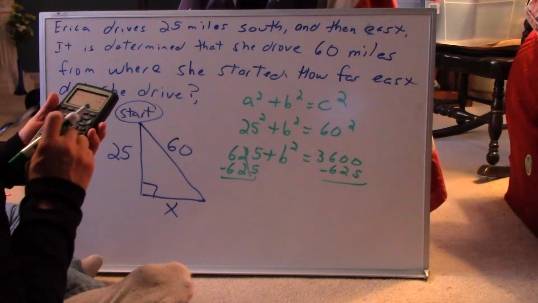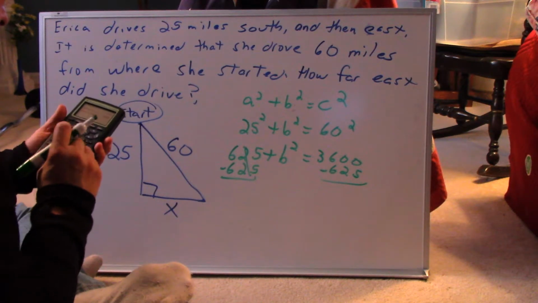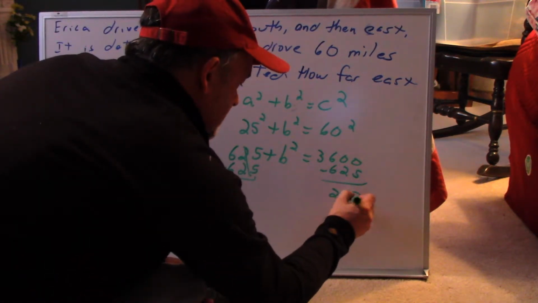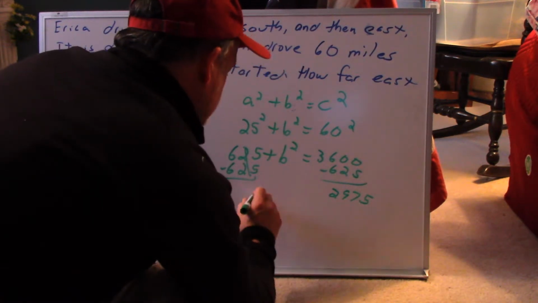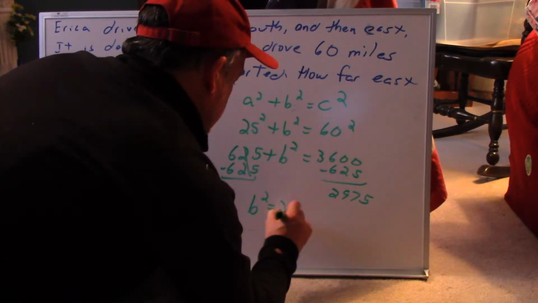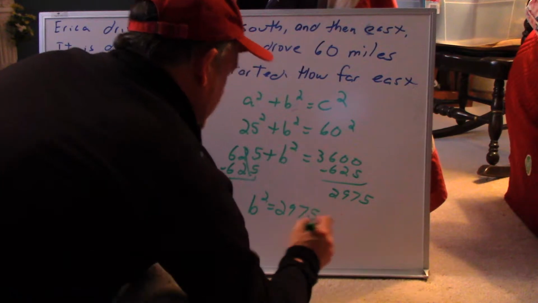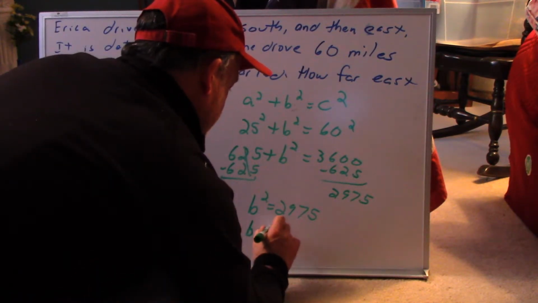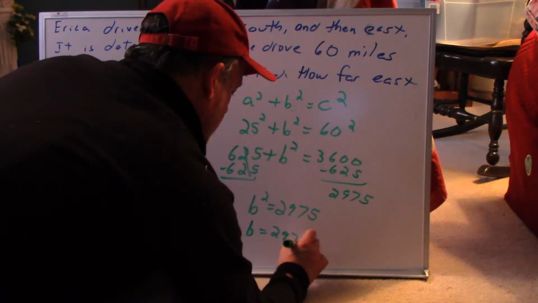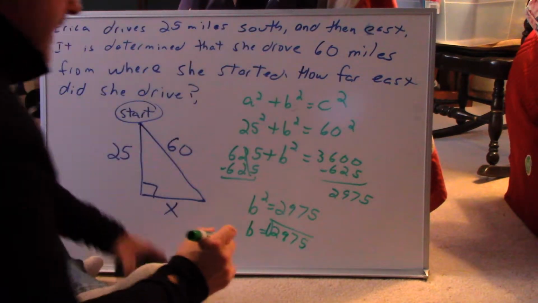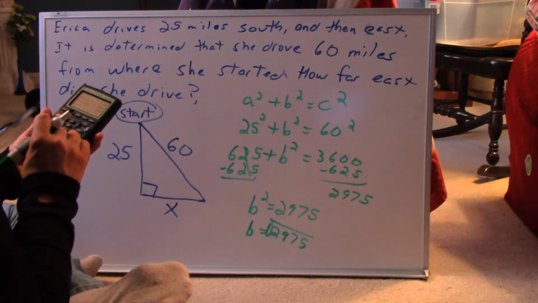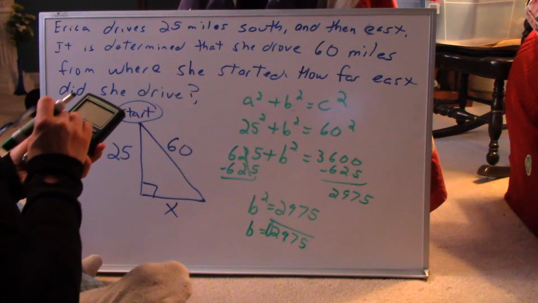I can do it out, but I want to save time. 3,600 minus 625 is 2,975. So b squared equals 2,975. Now I want to get rid of the square, so b equals the square root of 2,975, under a radical. And then I do the square root of 2,975.